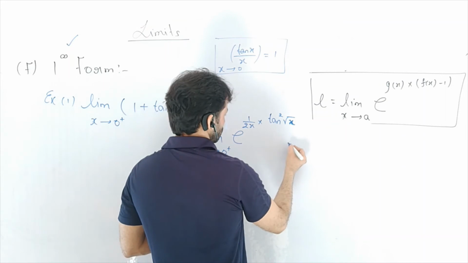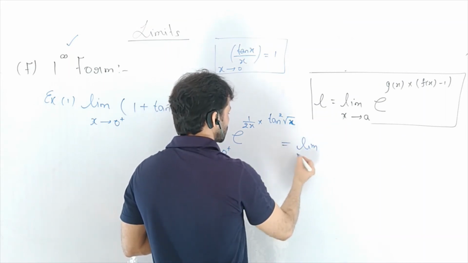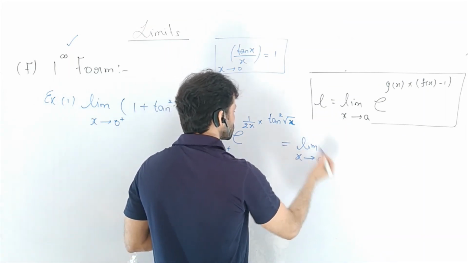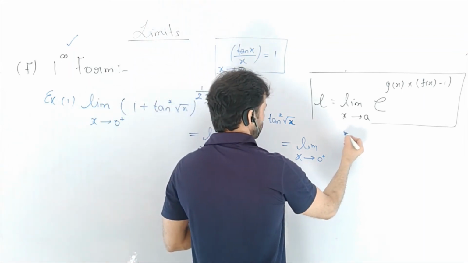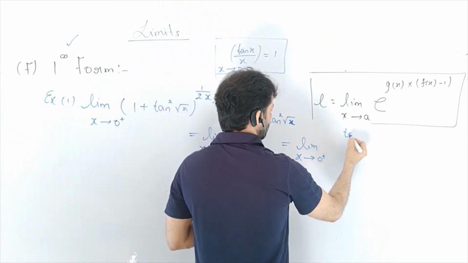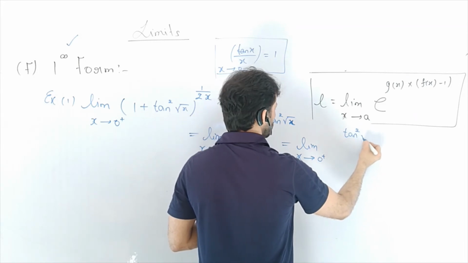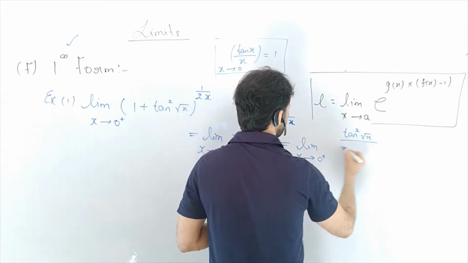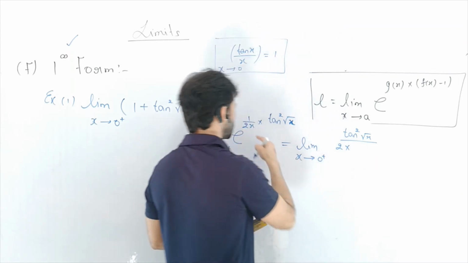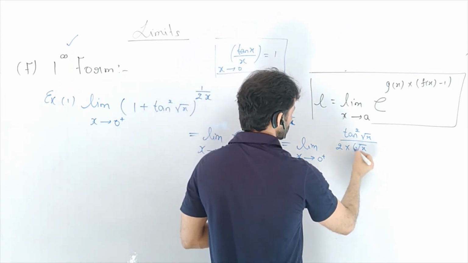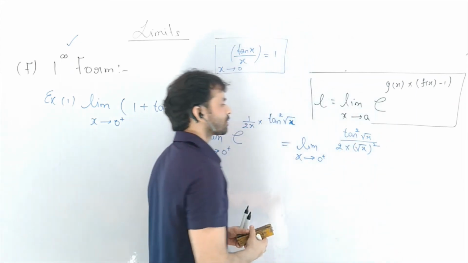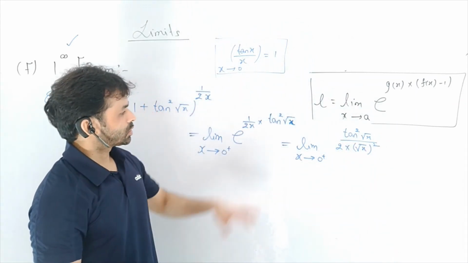So equal to limit x tends to 0 plus e to the power tan √x divided by 2 into x, where I can write x as square root x squared.